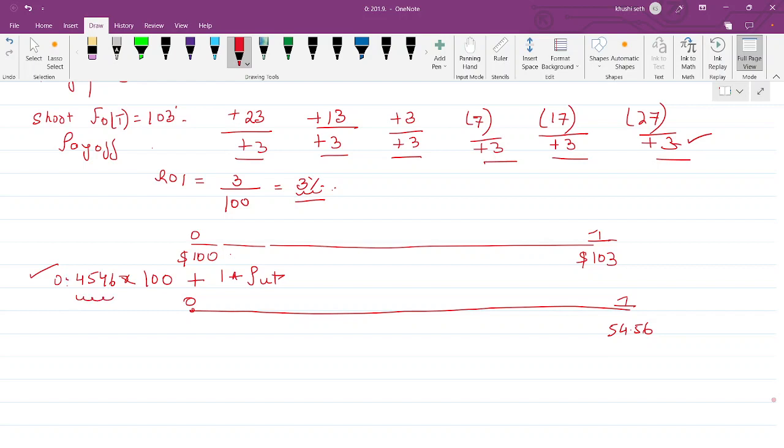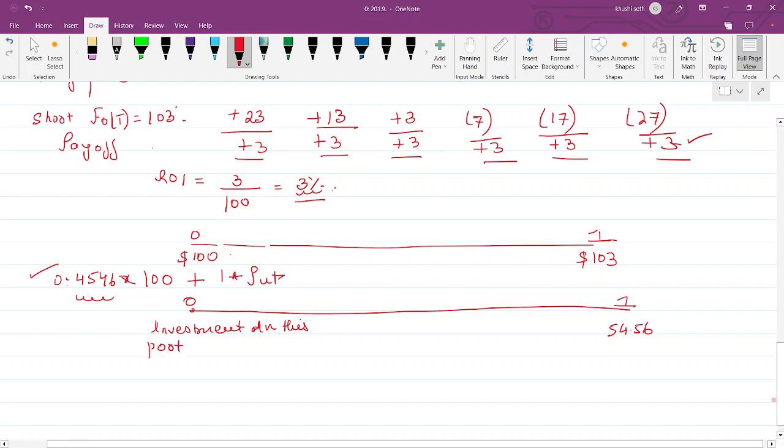So, what should be my investment in this portfolio at time zero? This is something I need to calculate.